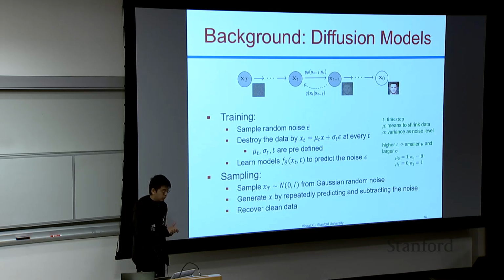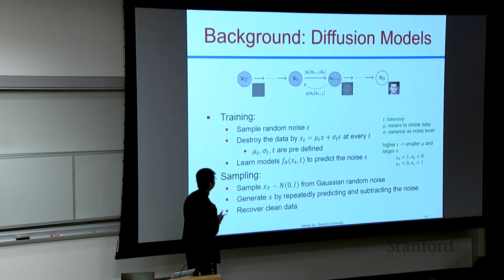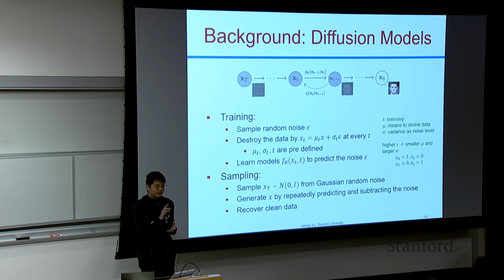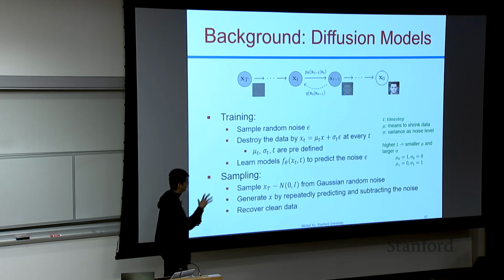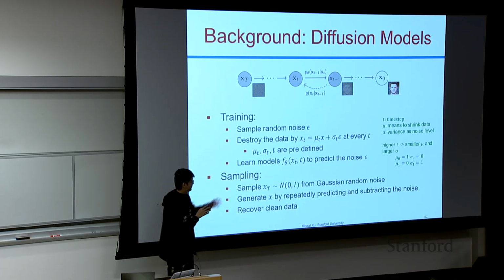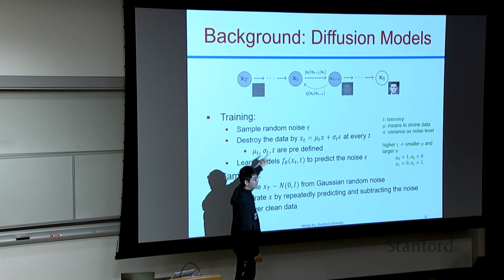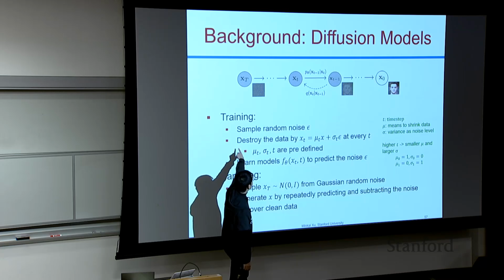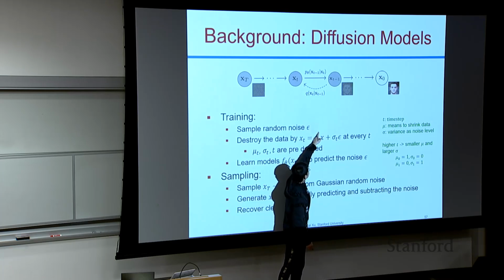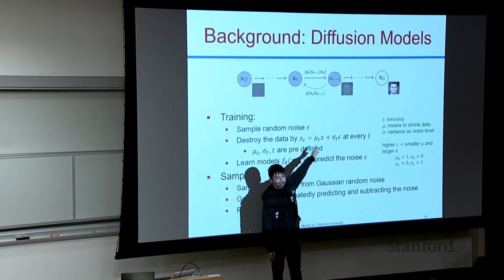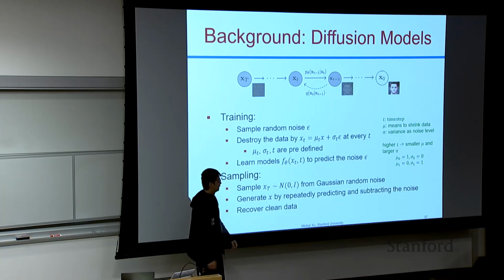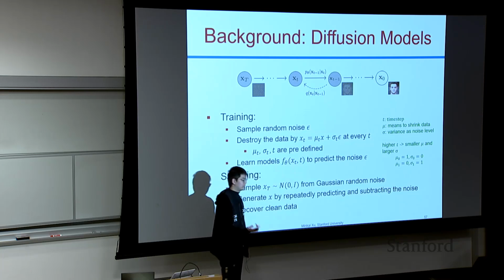This is a very brief introduction of diffusion models. There are many fancy mathematics for diffusion models, but here I summarized the least requirement. Every time we randomly sample a noise, epsilon, from a normal distribution, with mean 0 and unit variance.